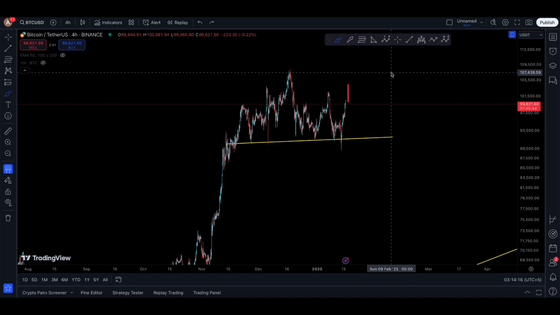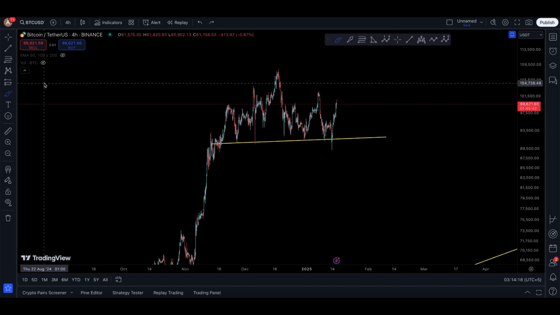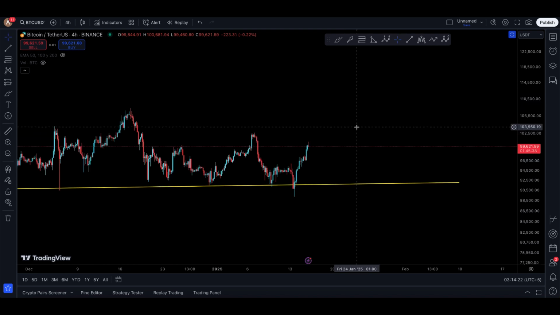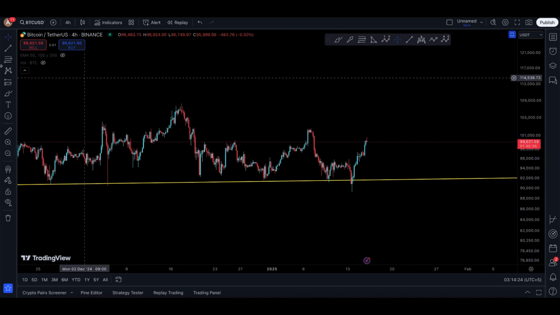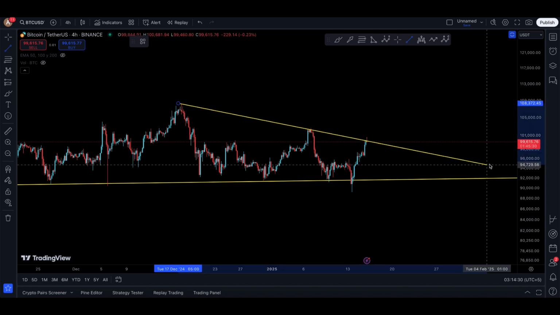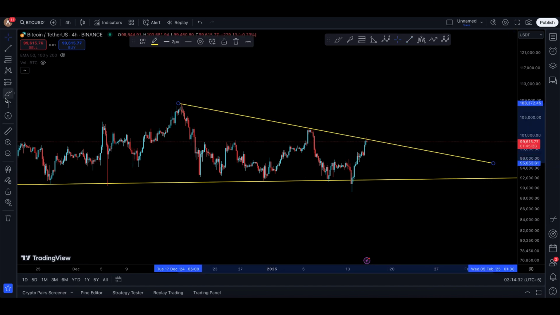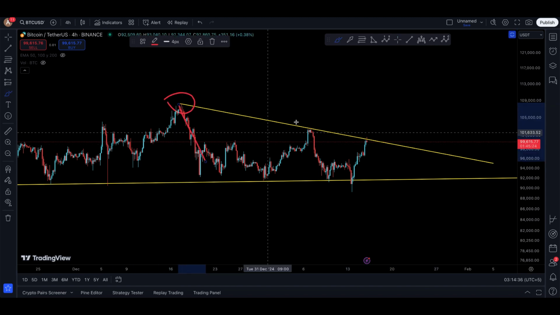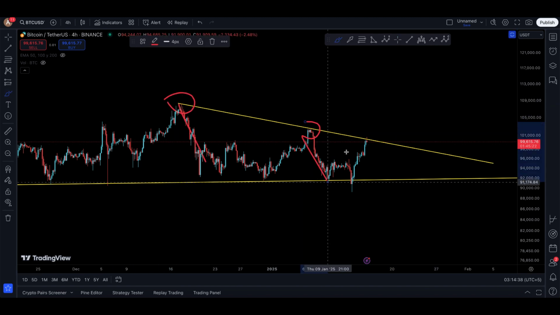But right now, when you are having this distribution pattern, I'm going to zoom in and show you that I've been drawing this very clearly. For example, this trend line right now is where Bitcoin has just pumped up to. So you have resistance going on in here. You have one touch, rejection down, one touch, rejection down, and another touch is coming up.